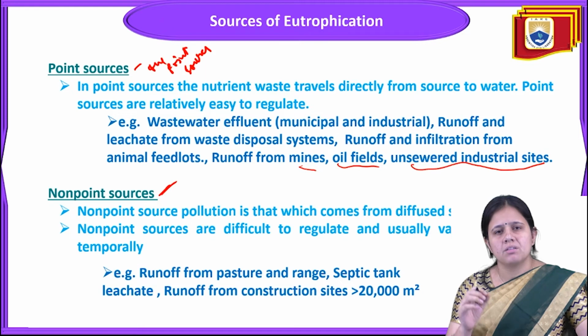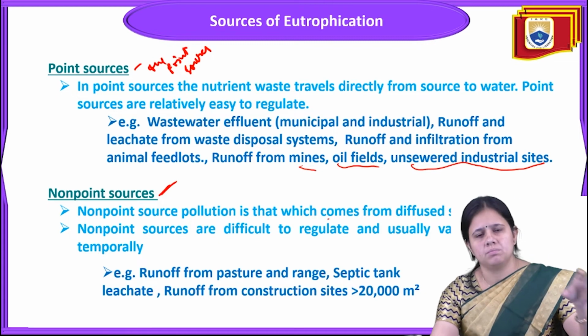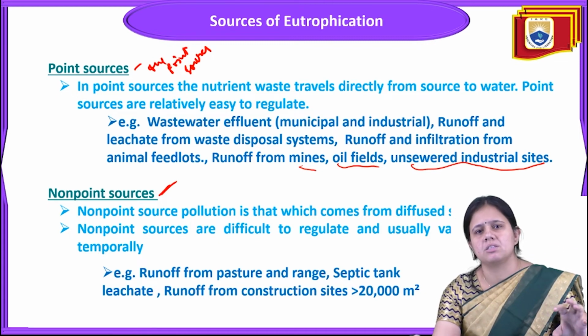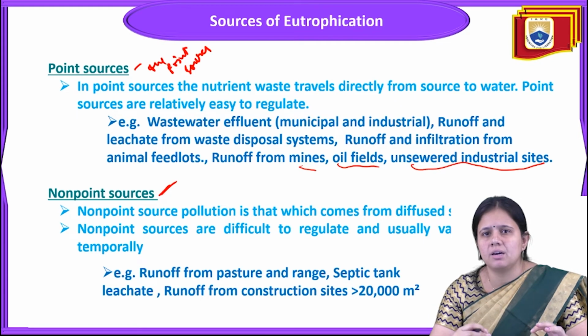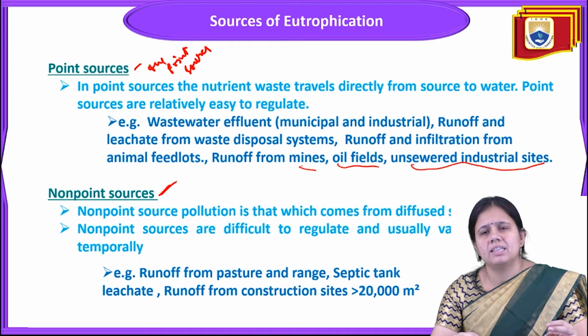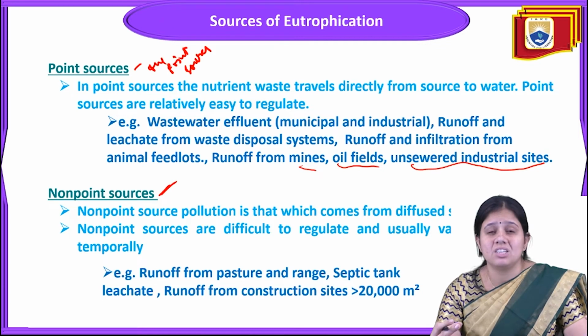Their generation point is not fixed, so it is called a non-point source, whereas for a point source the generation point is already fixed. From there, these nutrients and pollutants come into the water bodies, and this leads to the condition of eutrophication. So the sources of eutrophication are of two types.